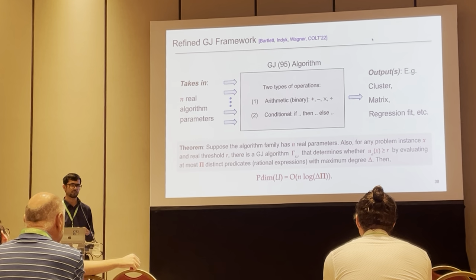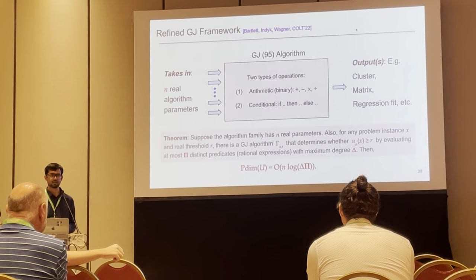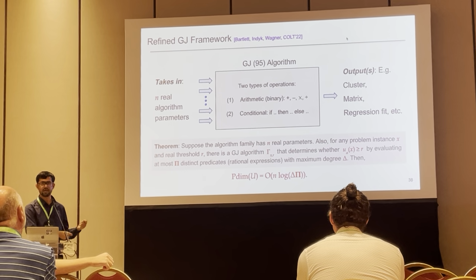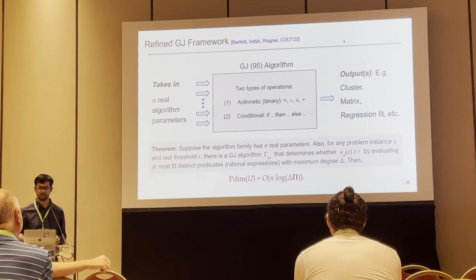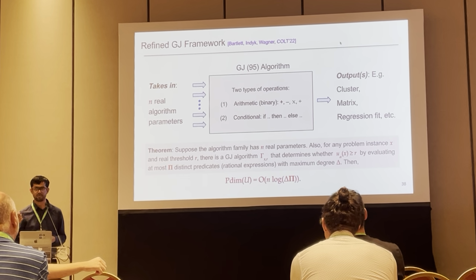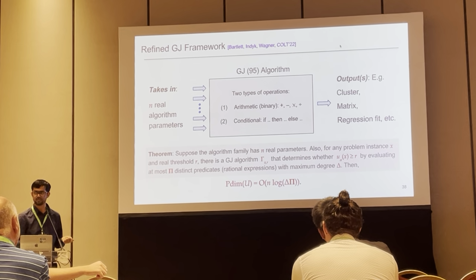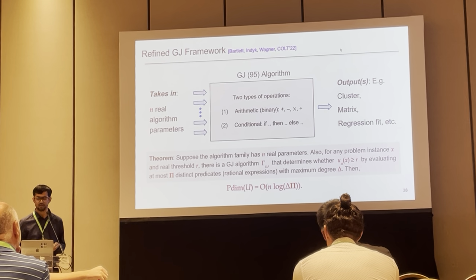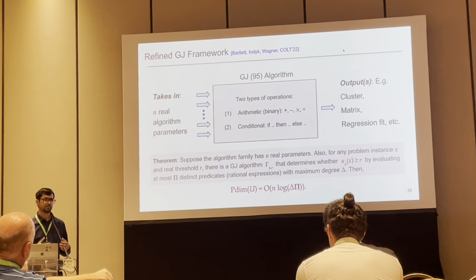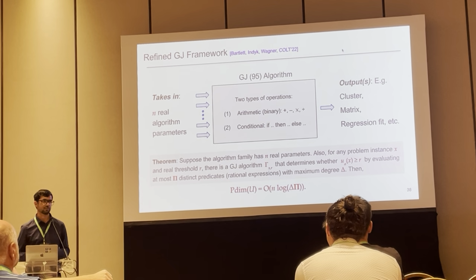Don't worry if you think this is too complex, we'll see nice examples of this soon. But just giving these bounds immediately gives you a pseudo dimension bound using this theorem, which depends on the number of parameters in a hyperparameter family, and also the number of distinct predicates and degrees of the polynomials.